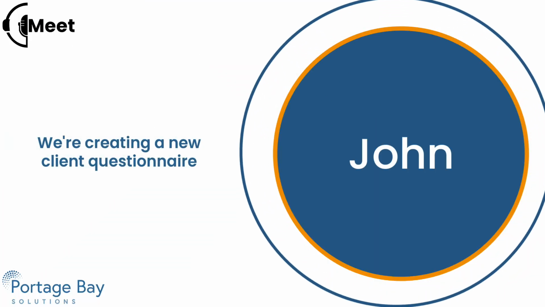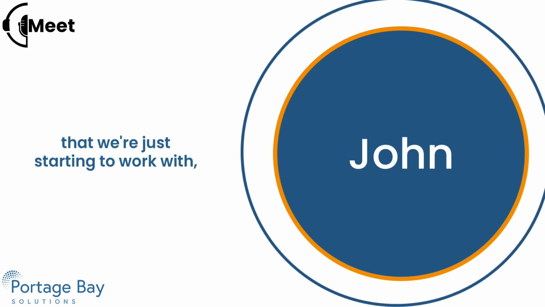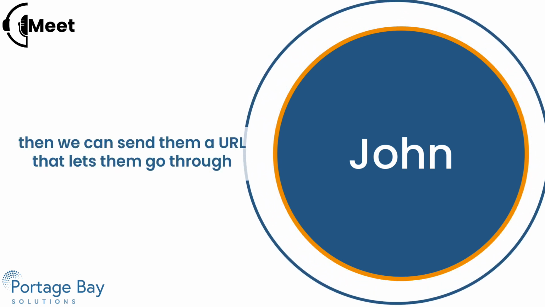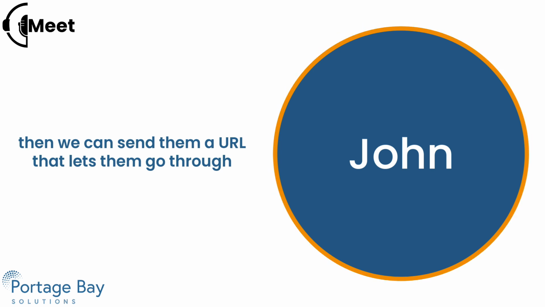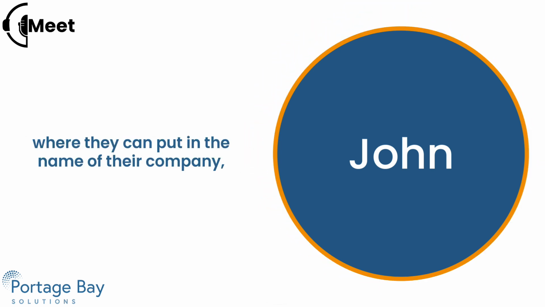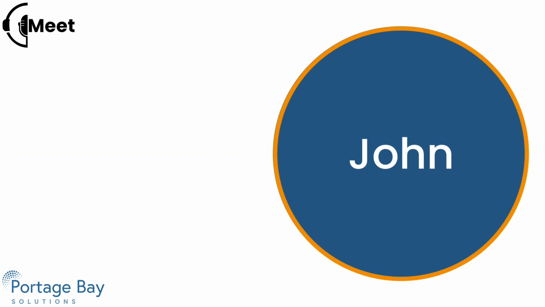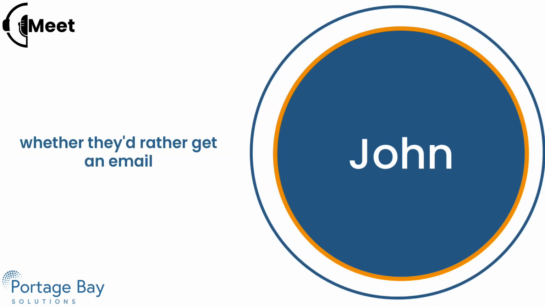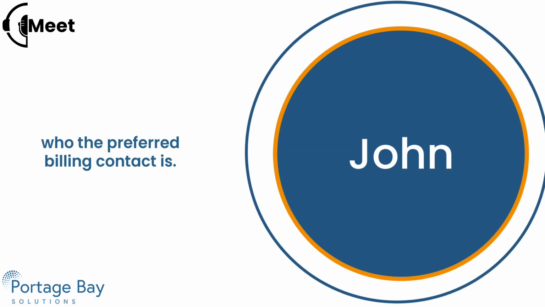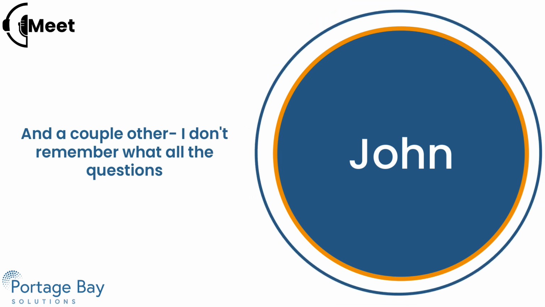We're creating a new client questionnaire where, when we have a client that we're just starting to work with, we can send them a URL that lets them go through an anonymous data entry form where they can put in the name of their company, their preferred billing address, whether they'd rather get an email invoice or a snail mail invoice, who the preferred billing contact is, and a couple other, I don't remember what all the questions we were asking.